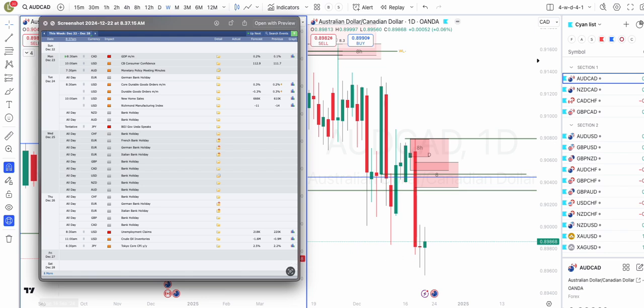But other than that, on red folder, I just see CAD, GDP, JPY a little bit, but USD unemployment claim. So we'll give most importance to CAD, GDP, and USD unemployment claims. JPY is in a weird state, in my opinion, and I want the chart to get a little more clear. We can talk about it later.